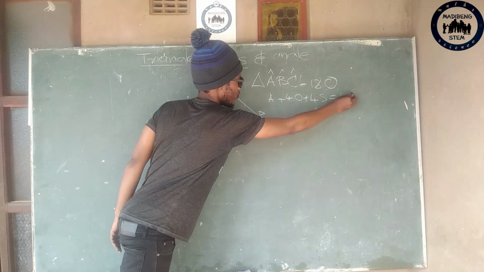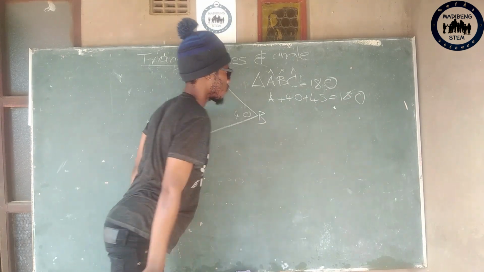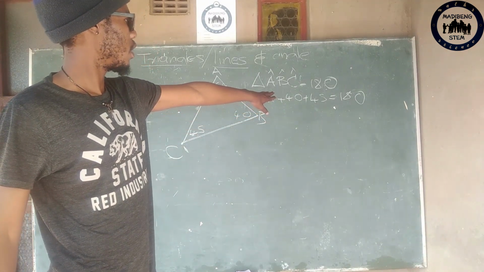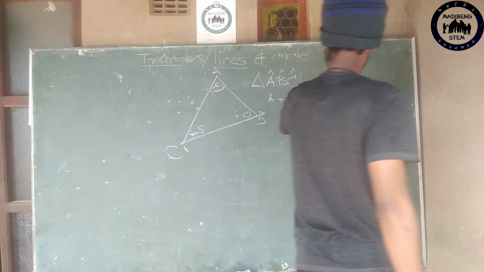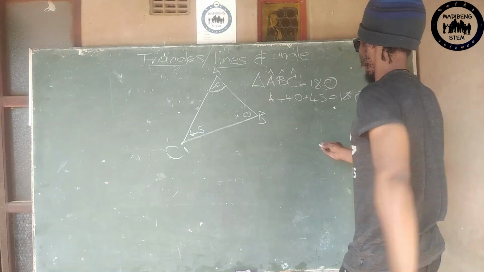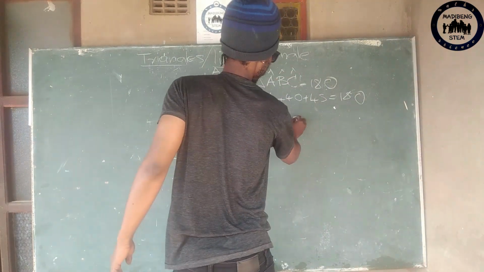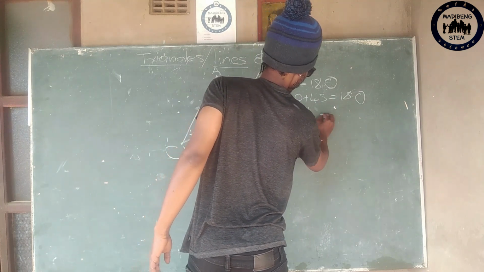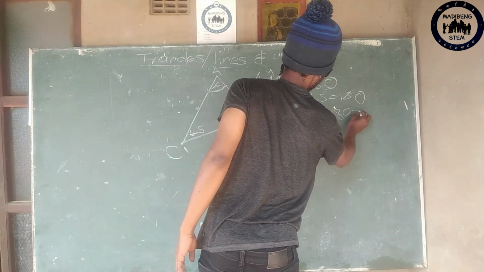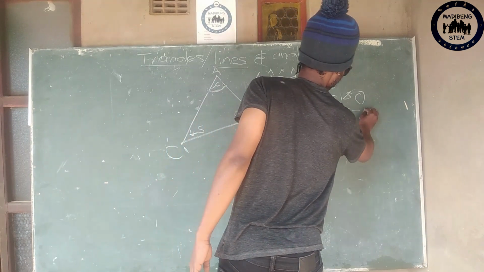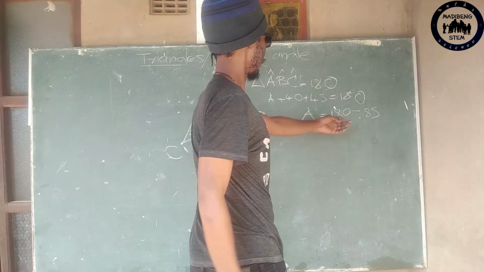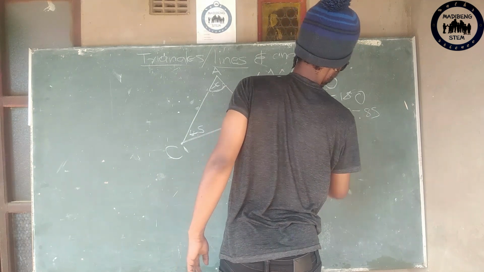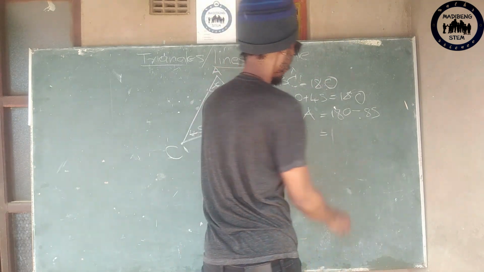It's equal to 180. We subtract. 40 plus 45 is 85. We subtract 85 from 180. This is 95.